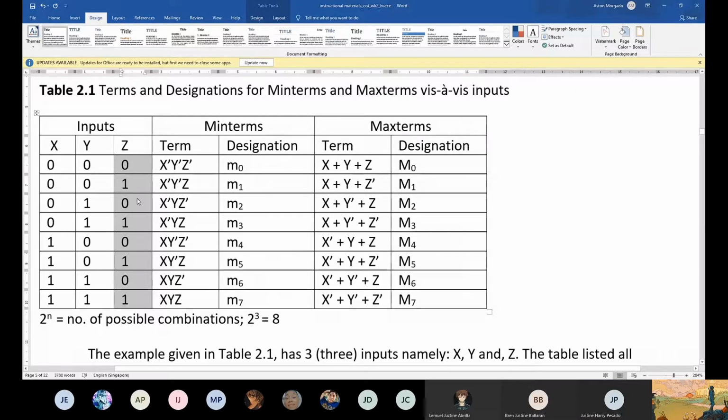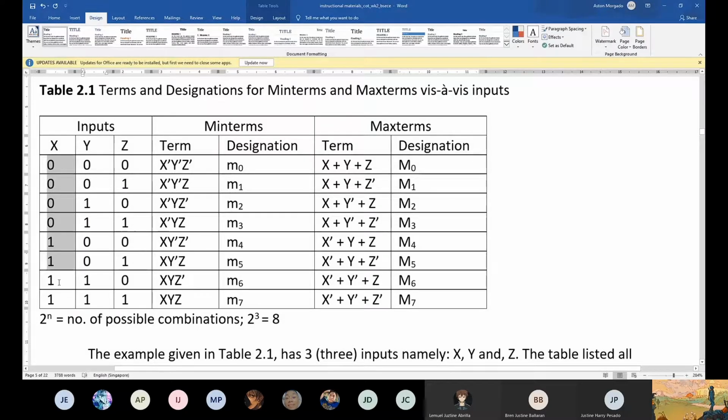So it follows 0, 1, 0, 1, 0, 1, 0, 1. Have you noticed? Then the repetitions of 0 follow 2 to the 1 or 2, so twice ulitin yung 0, twice yung 1, twice yung 0, twice yung 1.